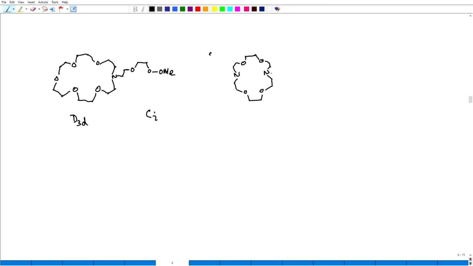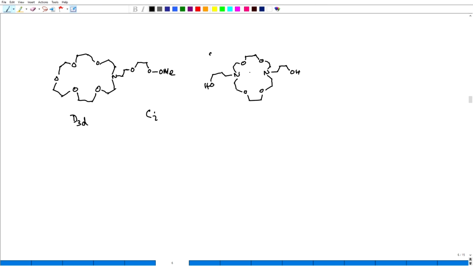Okay, so here is nitrogen. So all I can do, one can protect from top and one can protect from bottom also.